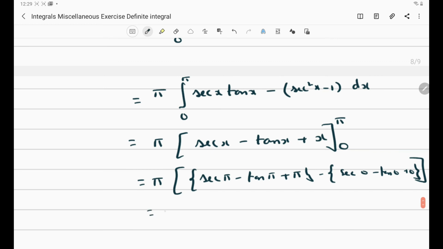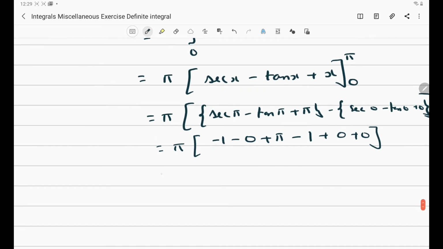Which is equal to pi times secant 180 is minus 1, minus tan pi is 0, plus pi, minus secant 0 is 1, minus into minus plus tan 0 is 0, plus 0. So we get this as pi into pi minus 2.